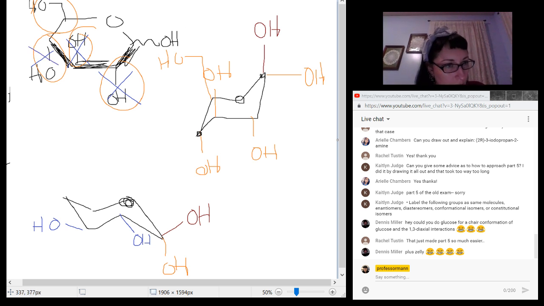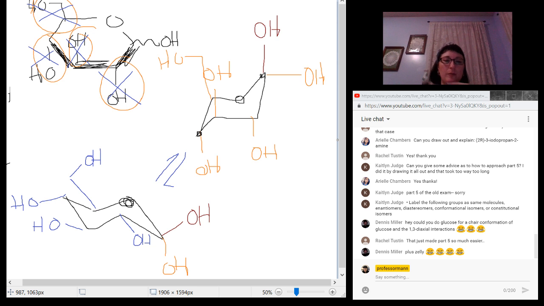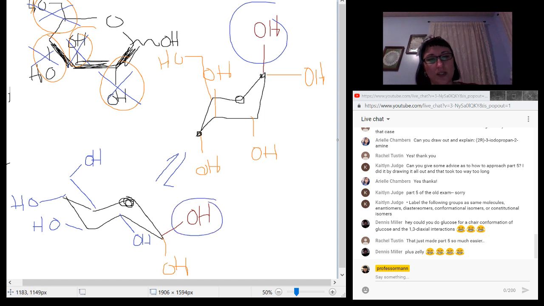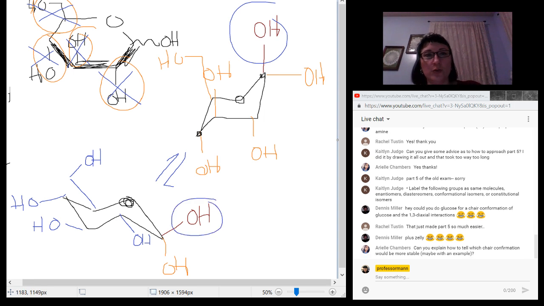That one there is pointing down. And that one there is pointing up. So those are the two chair conformations. Well, technically there's four. So two of them would have the OHs there, and the other two would have the OHs there.